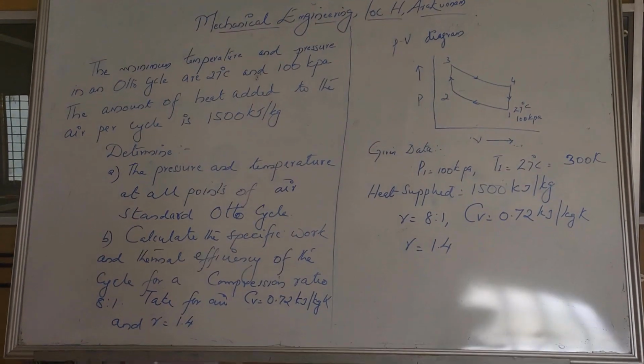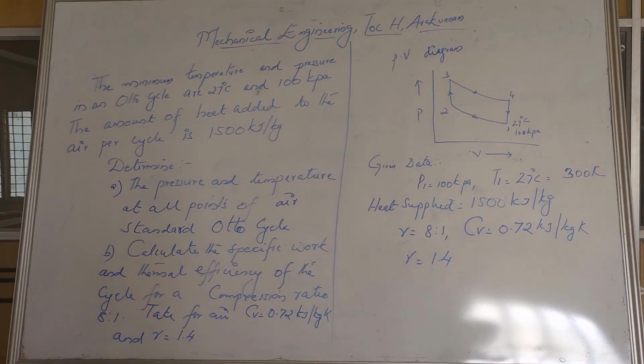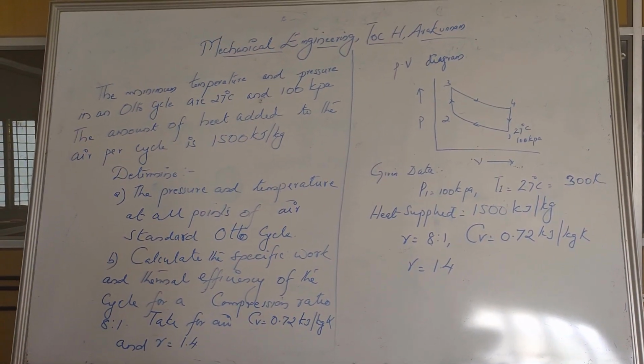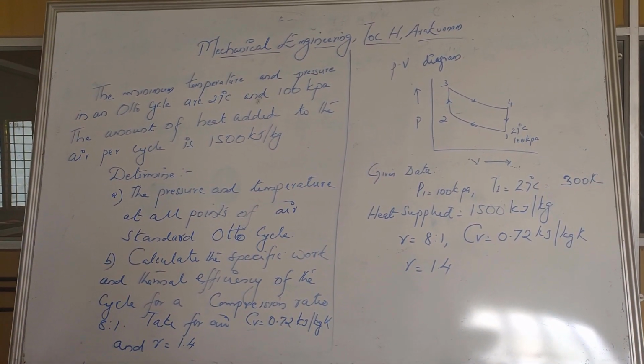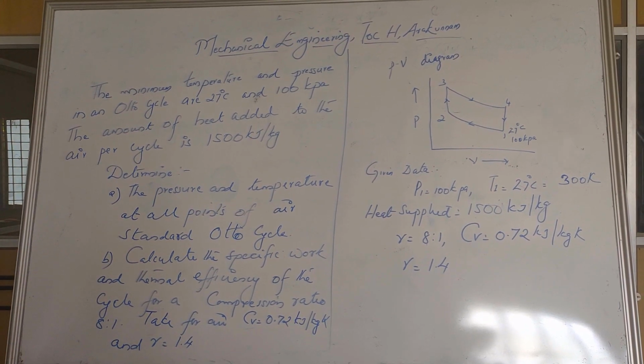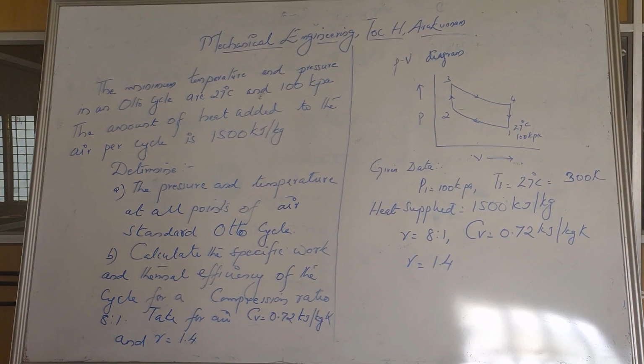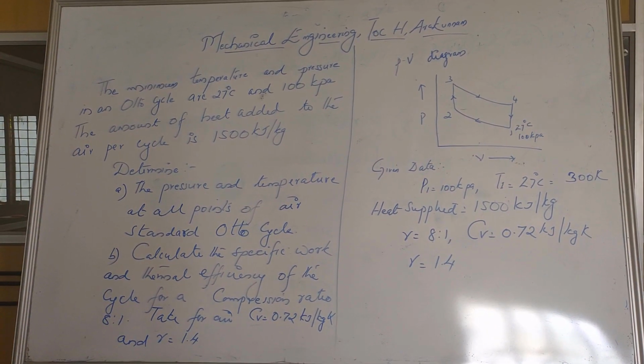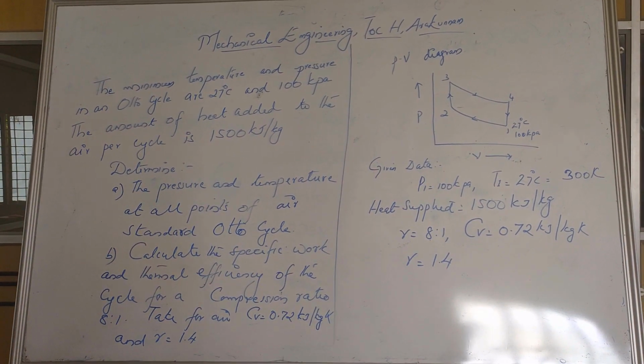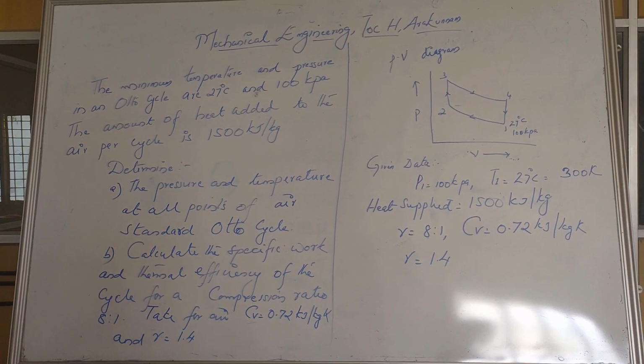Then the rest of the values in the question: heat supplied is 1500 kilojoules per kilogram. That means heat supplied is Cv into (T3 minus T2). So you can say that Cv into (T3 minus T2) is 1500 kilojoules per kilogram.